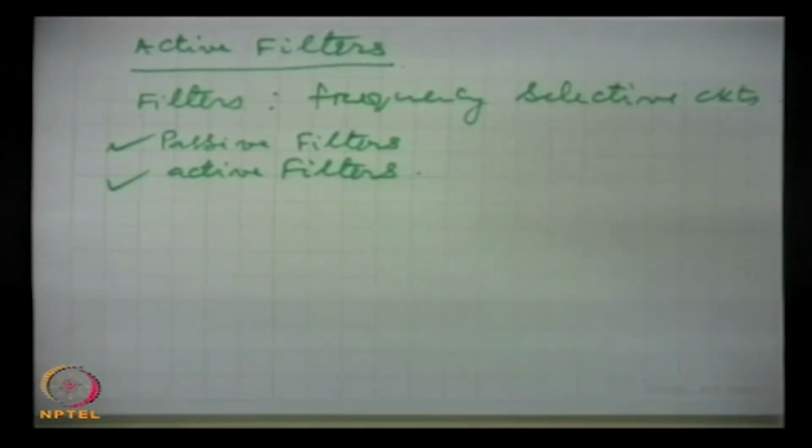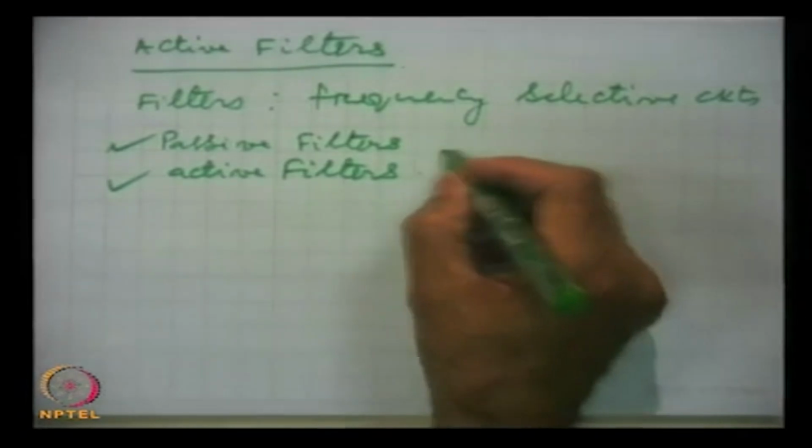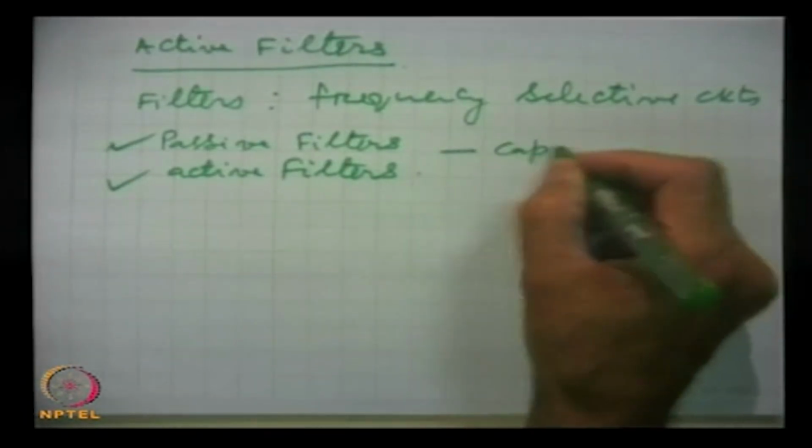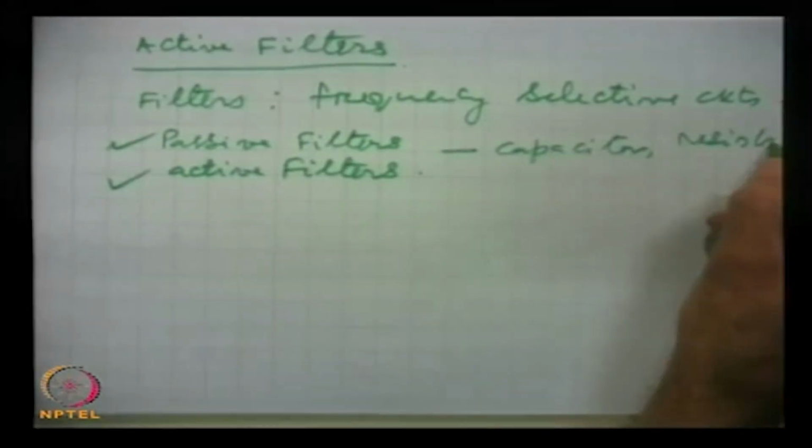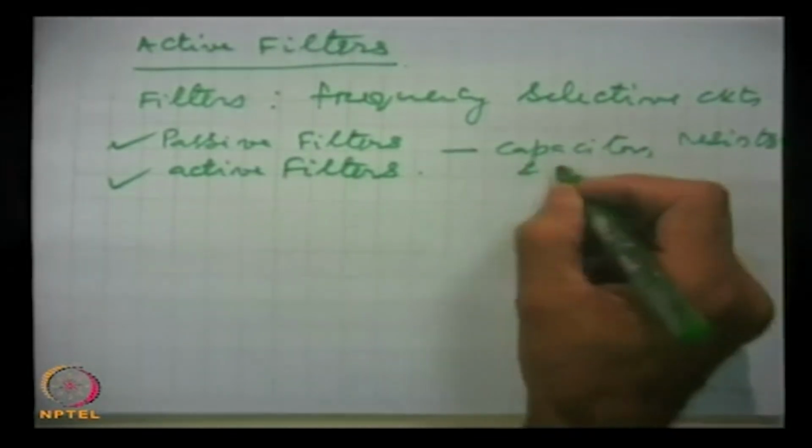Now, passive filters can be realized, frequency selection circuits you can make by using capacitors, resistors and inductors.